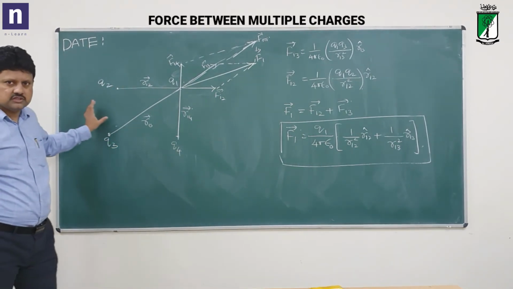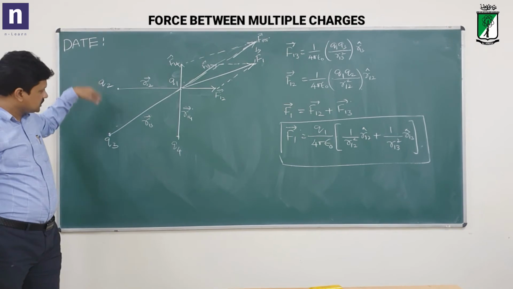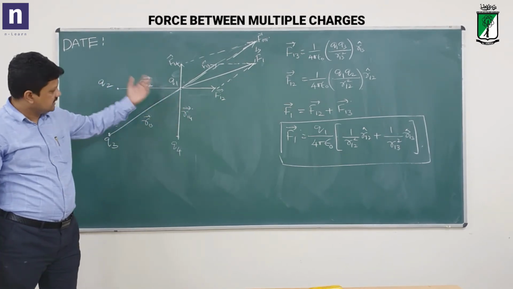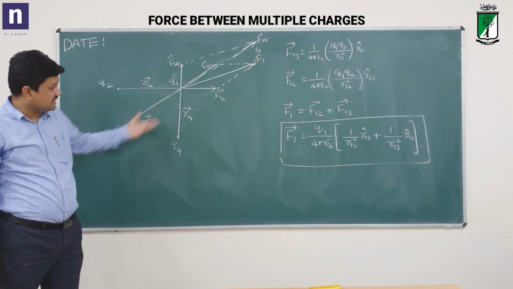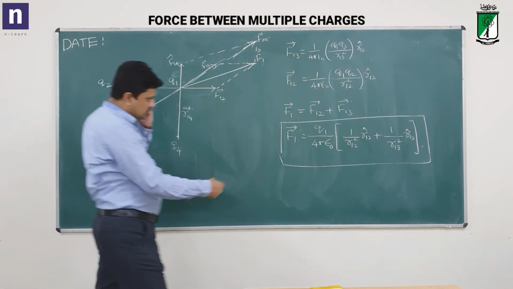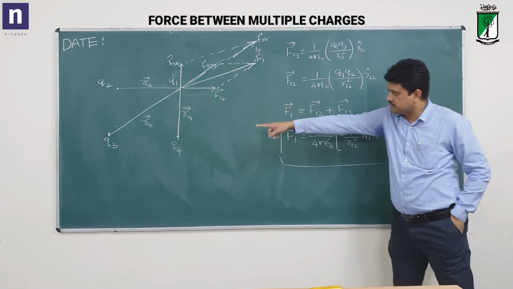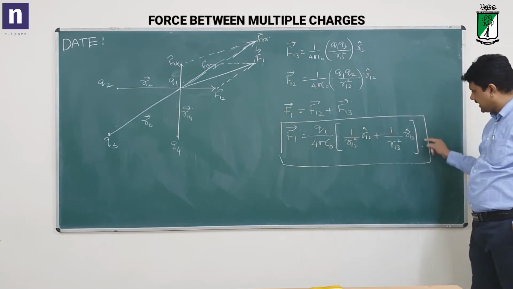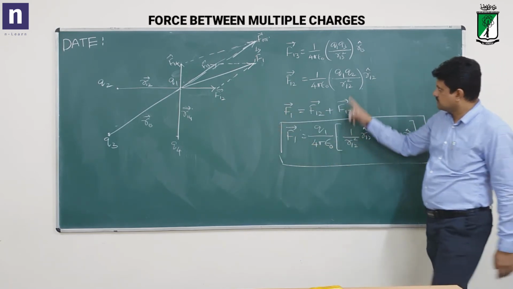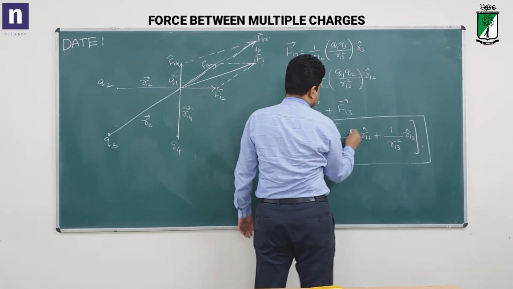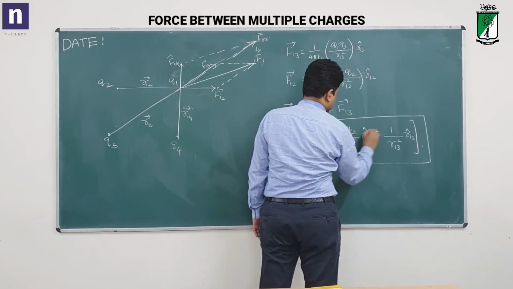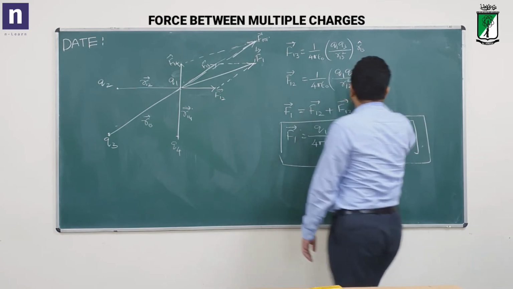So first take two forces, two charges, effects of two charges on one charge you take first, and then another charge, effect of another charge, like that number of forces go on increasing. So what differs is just here, if you have Q4, now there is one more part added here, that's all. This is Q3, Q2 and Q3 as it is.